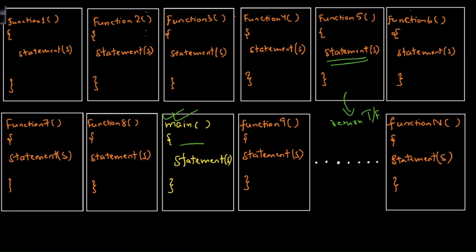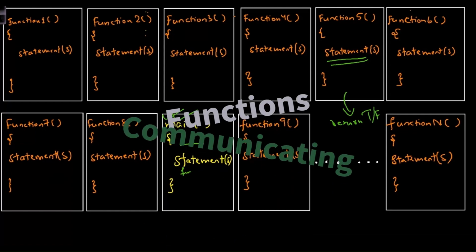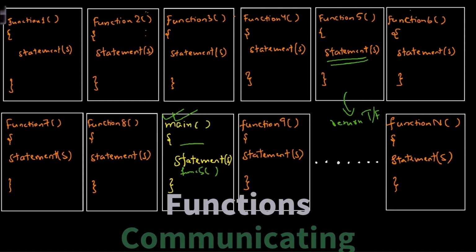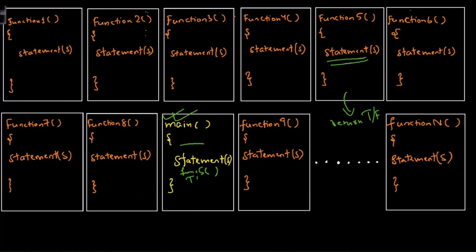Then from the main function, first you call function 5, and function 5 will return true or false, and based on the value it returns, you decide whether you have to add the numbers or not. Typically, this is the flow of a C program.